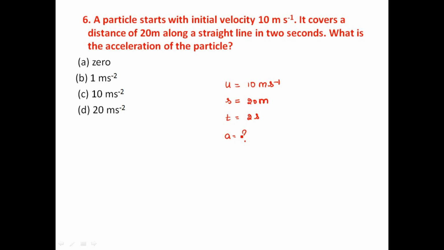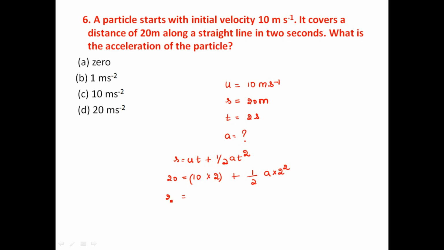So here we simply consider the second equation of motion, that is S is equal to ut plus half at square. What is the distance covered? 20. Initial velocity is 10. Time taken is 2 seconds, plus half a t square, right?